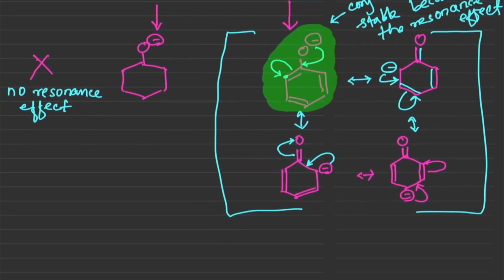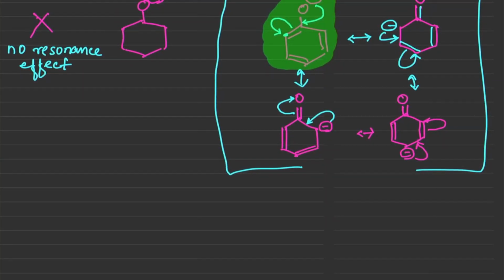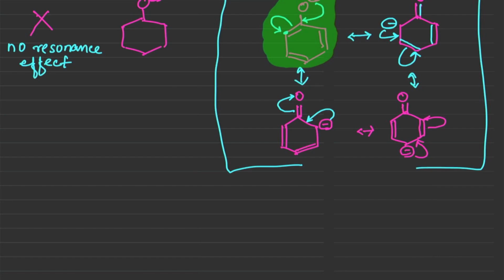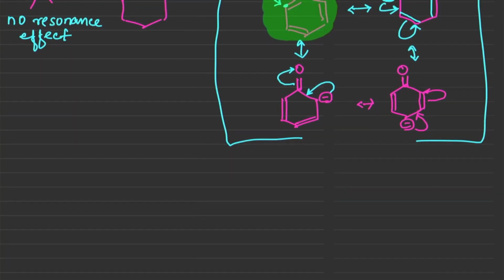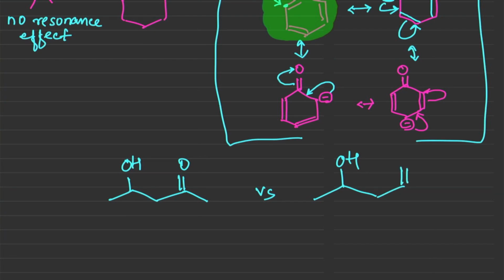Okay, I'm going to give you a problem. Make sure you pause the video and tell which one would be more acidic. The answer would be in the comments. So let's say you have something like this, versus this.